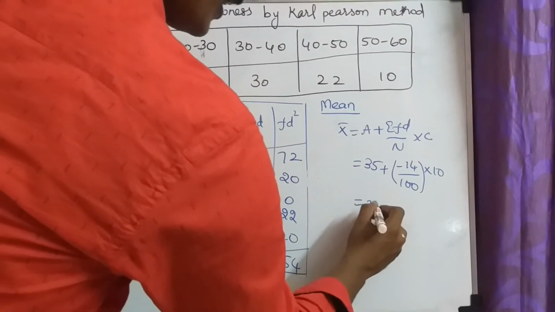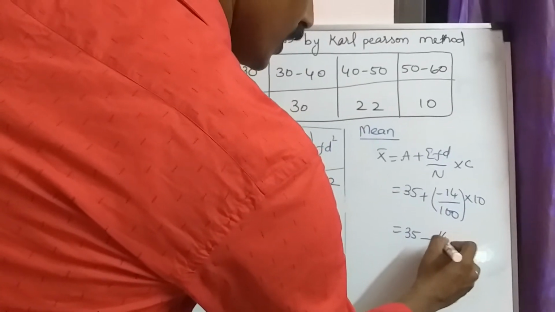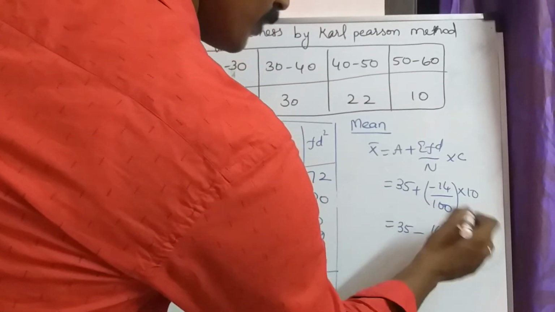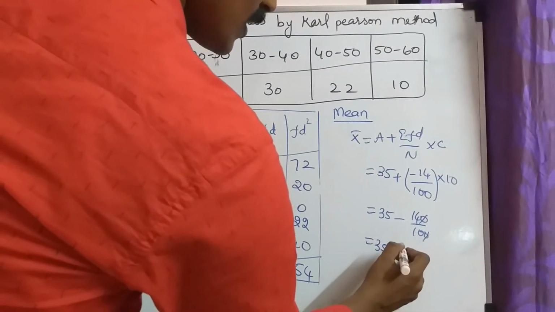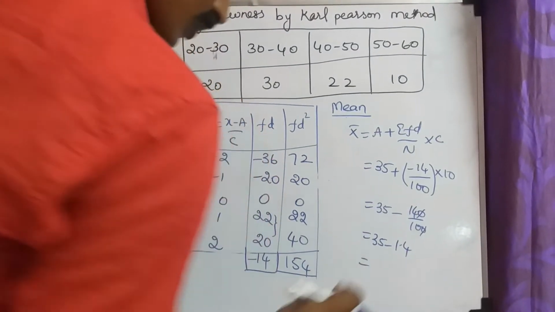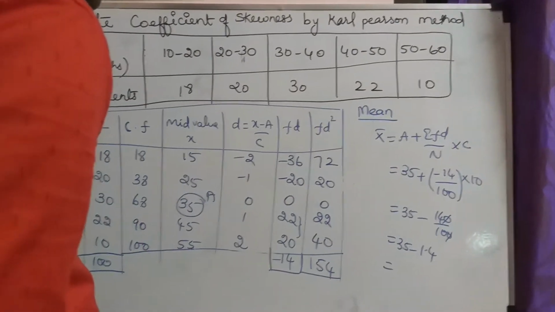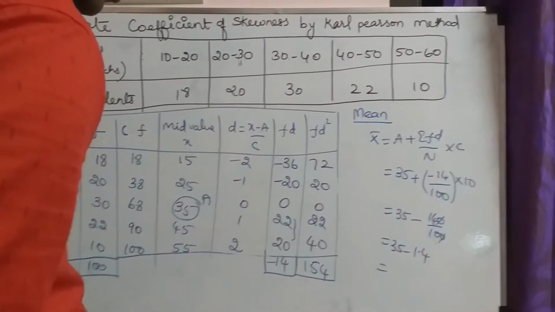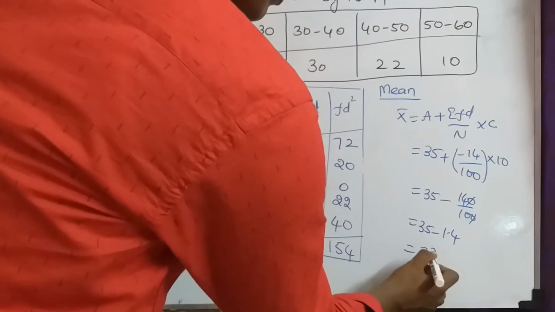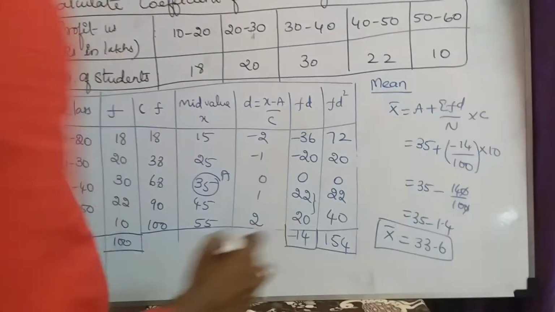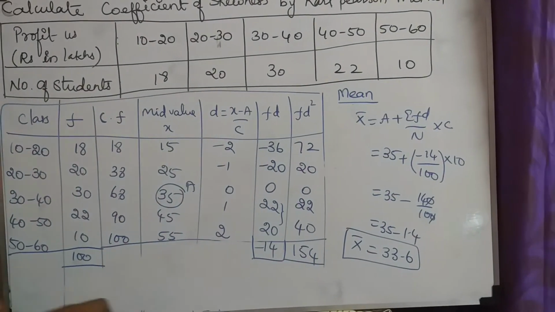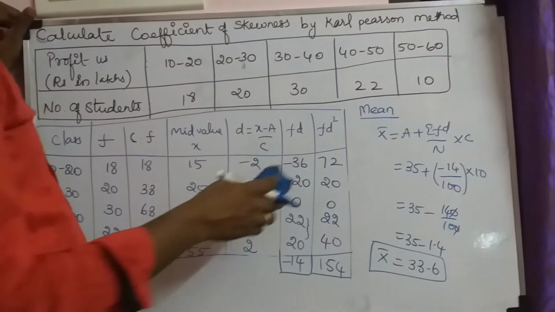So 35 minus 140 divided by 100, that is 35 minus 1.4, which is 33.6. So the mean x bar is 33.6.